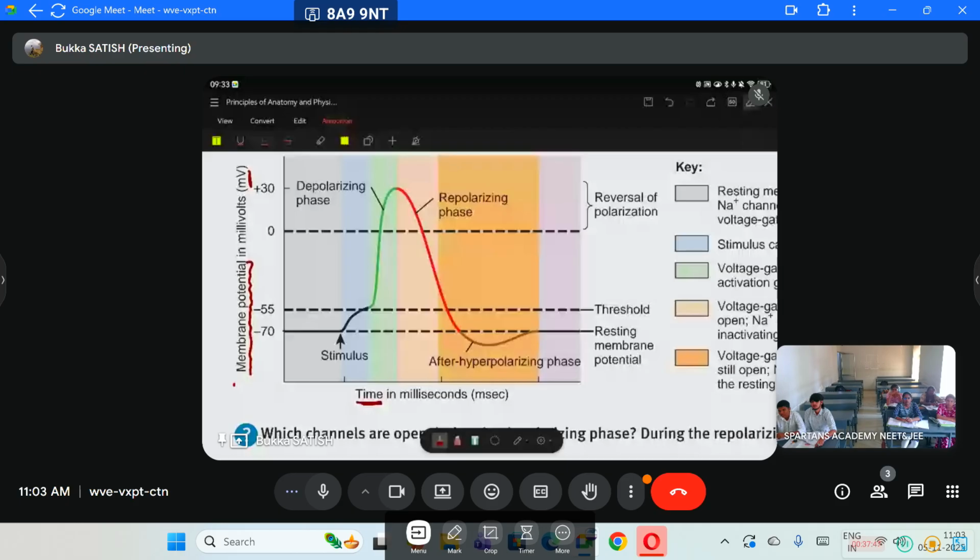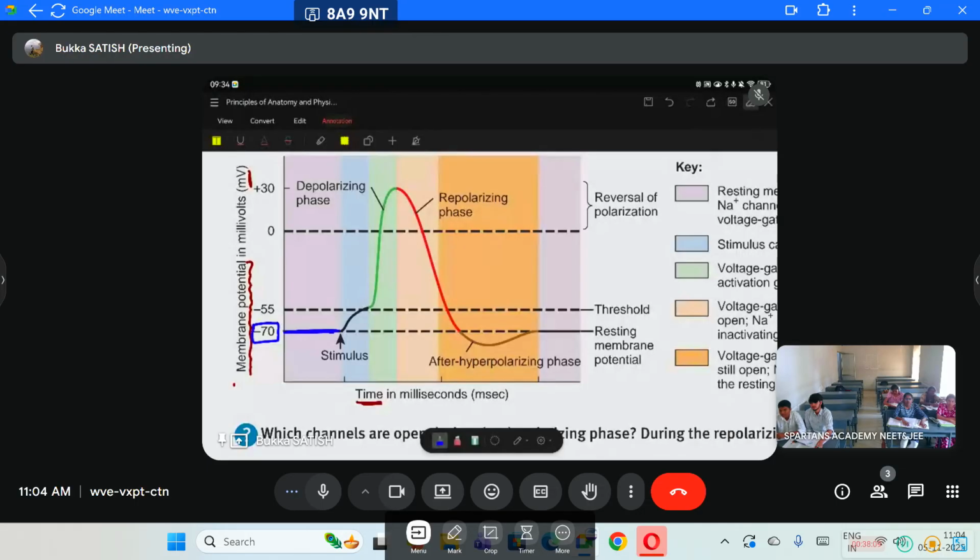This is the baseline. Minus 70 millivolts is the resting membrane potential. Understood? Minus means inside is negative, outside is positive. That is the resting membrane potential.